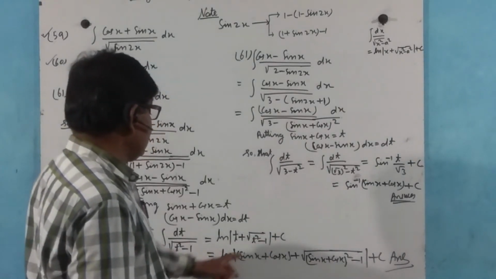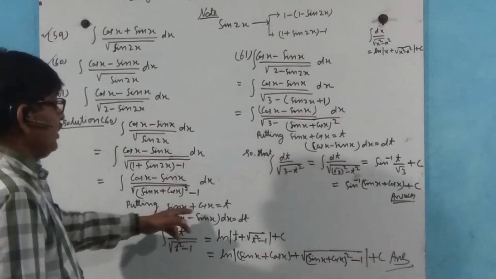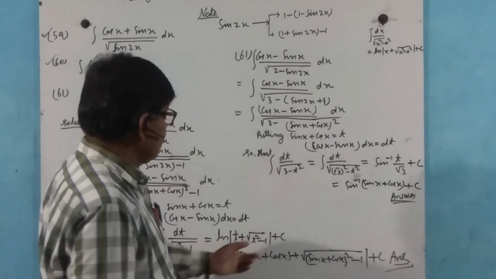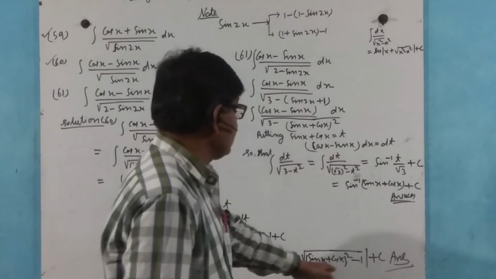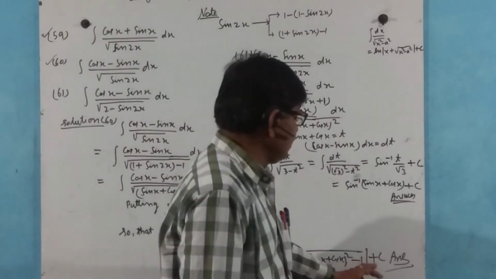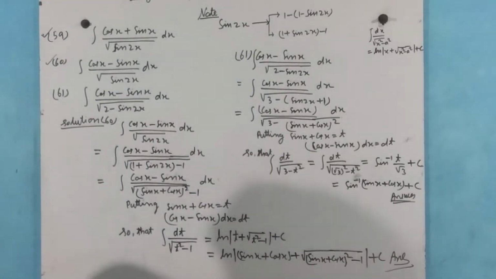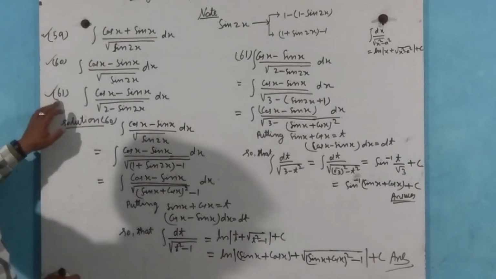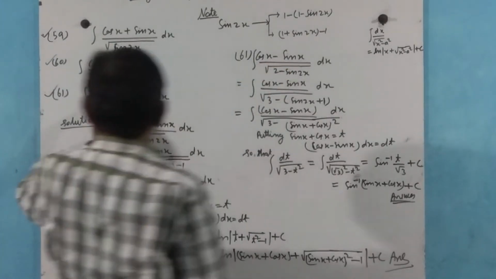Putting the value of t, we get ln of (sin x plus cos x) plus under root of (sin x plus cos x) square minus 1, plus an integrating constant c.